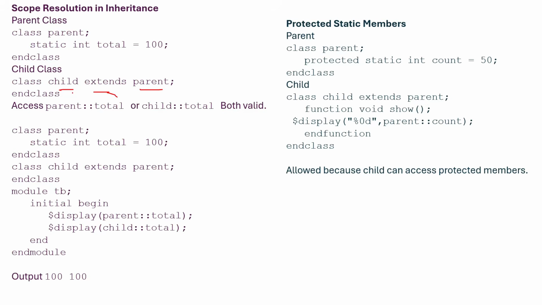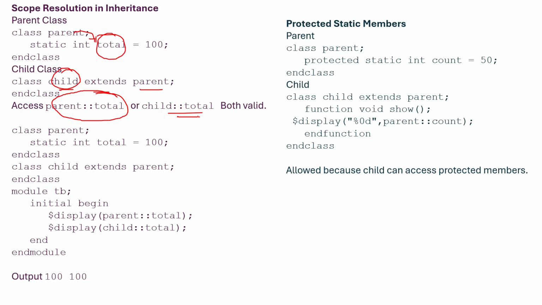Here parent total is the total value related to parent, and child is the class. Child total, because always inherited, right? Whatever parent methods and properties are there, they are inherited by the child class, because you are extending the parent class.